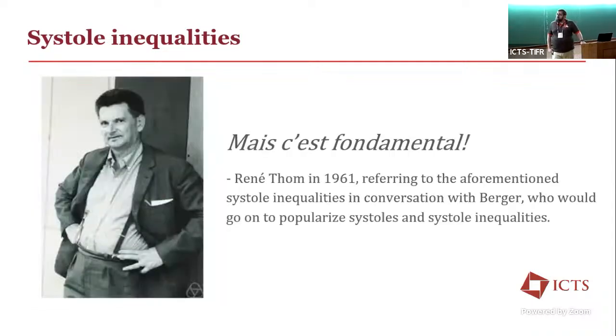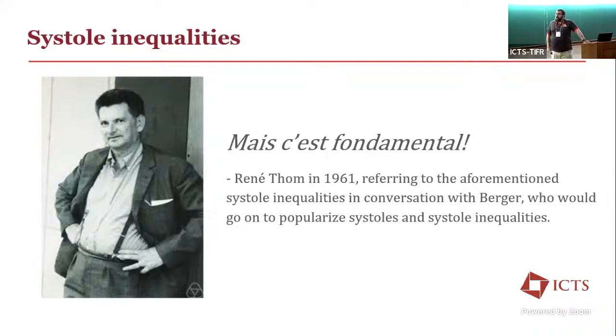So in 1961, Berger was telling René Thom about these systolic inequalities and maybe half a dozen other ones that were similar, that were proven in the 40s and 50s. And Thom's reaction was, mais c'est fondamental. These are of fundamental importance.